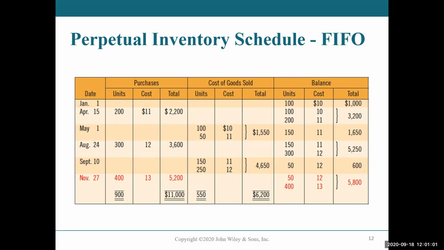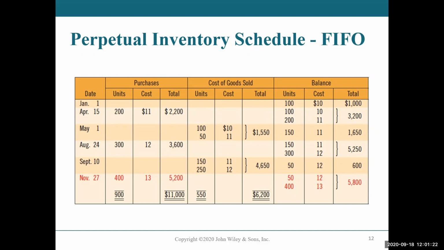But keep in mind, we also had the beginning balance or the beginning inventory of 100 units. So technically we have 1,000 units at a total cost of $12,000. Out of that, we sold 550 units.